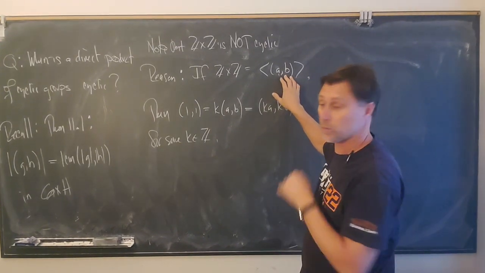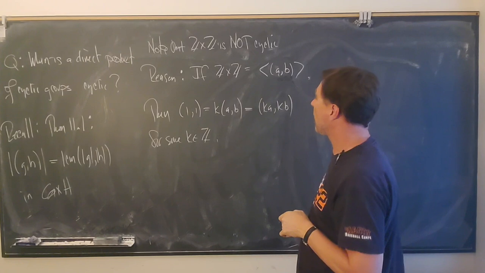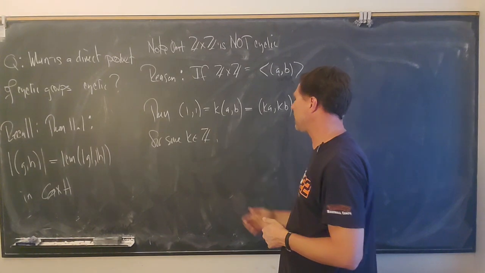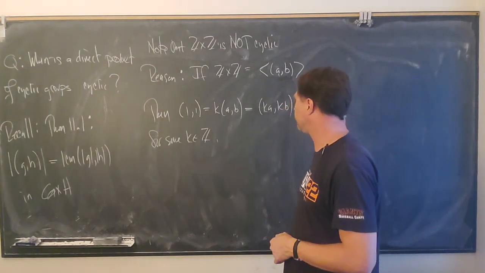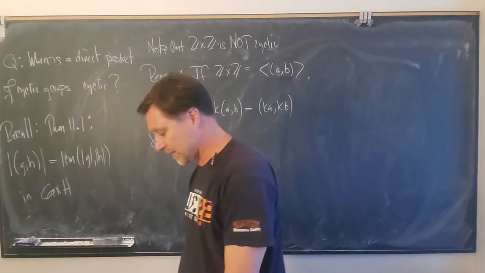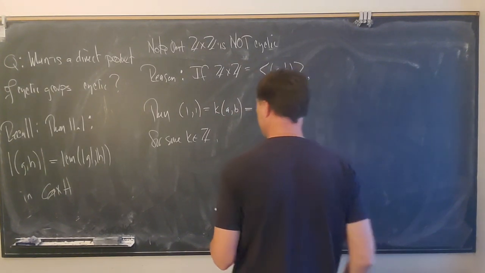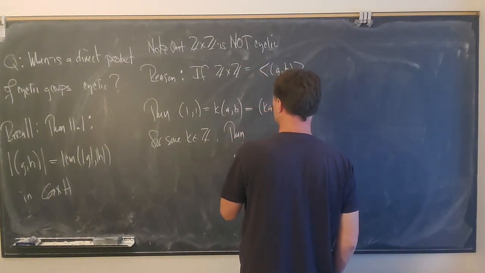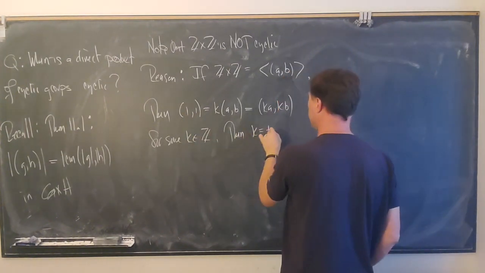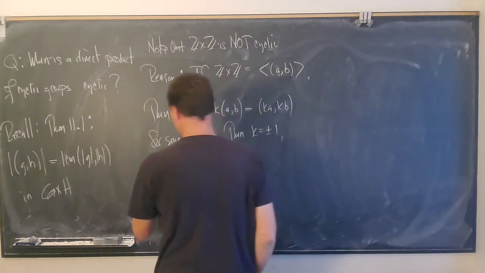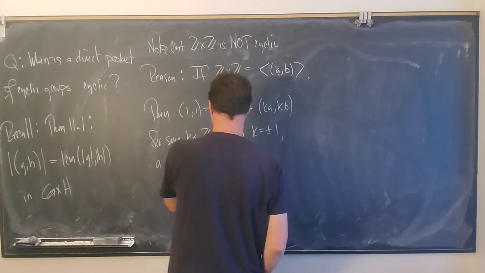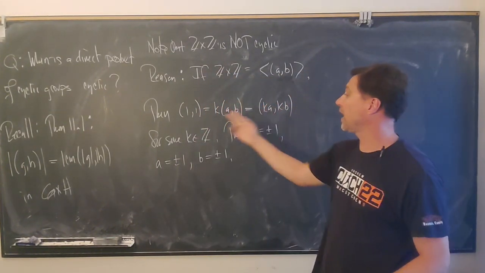In this context, because we're working with additive structure, that would mean that (a, b) plus (a, b) plus (a, b), some number of times adding (a, b) to itself, would give us (1, 1). So that tells us that k times a has to equal 1 and k times b has to equal 1, which means k will have to equal plus or minus 1. Also, a will have to equal plus or minus 1, and b will have to equal plus or minus 1. That's the only way to get two integers to multiply out to give us 1.